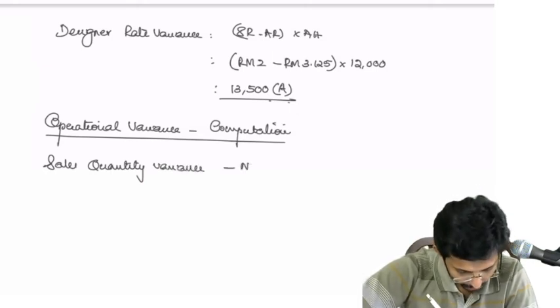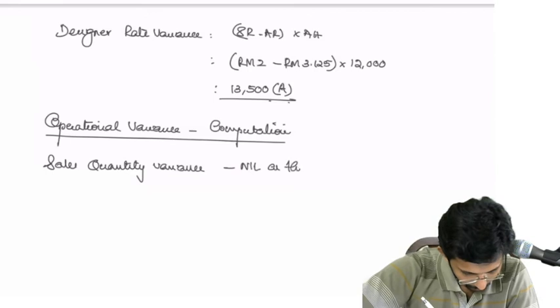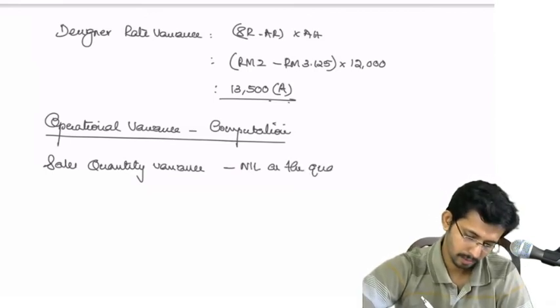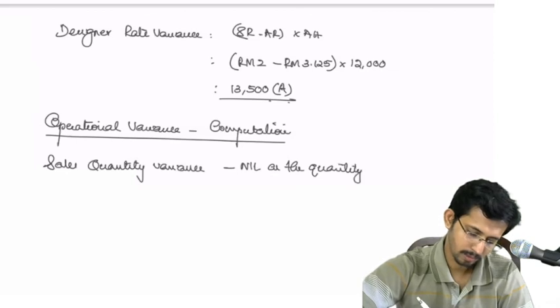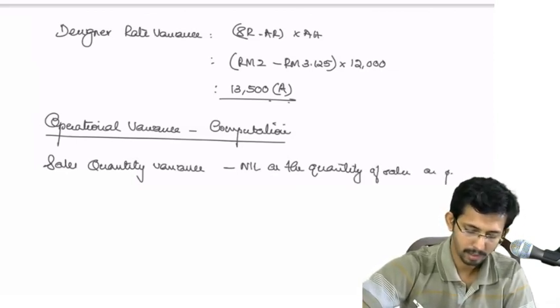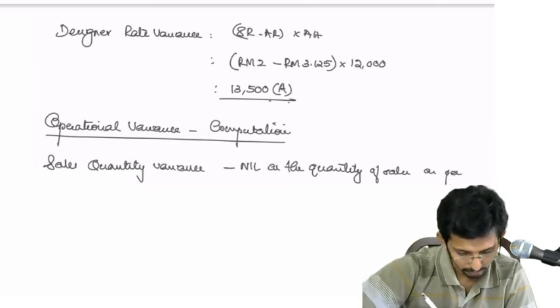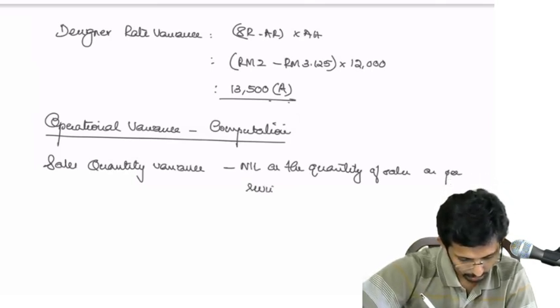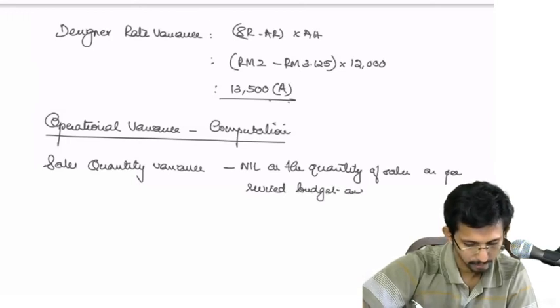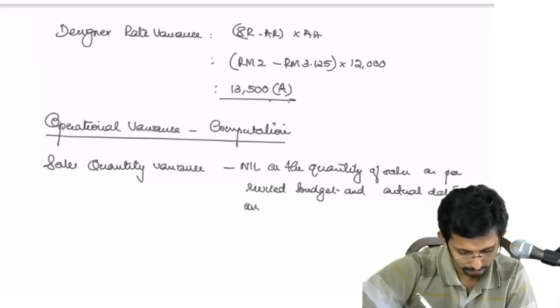You can write nil as the quantity of sales as per revised budget and actual data are the same.